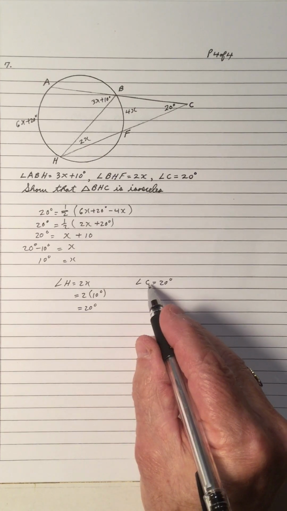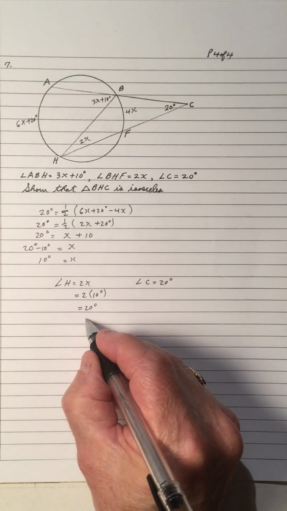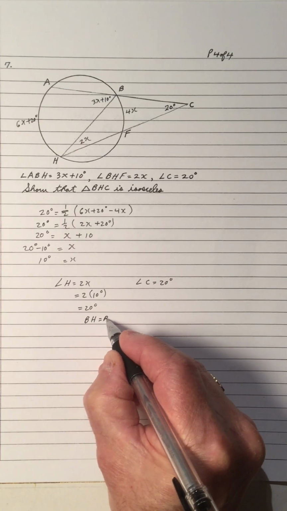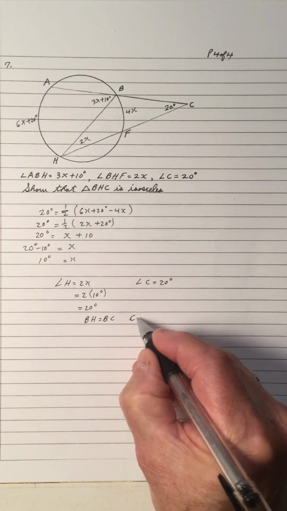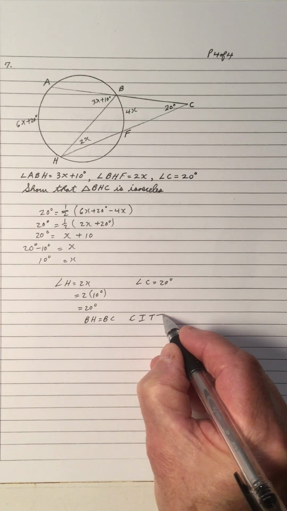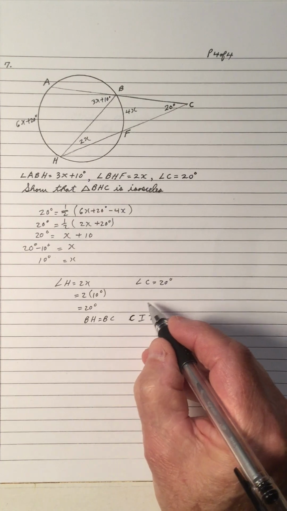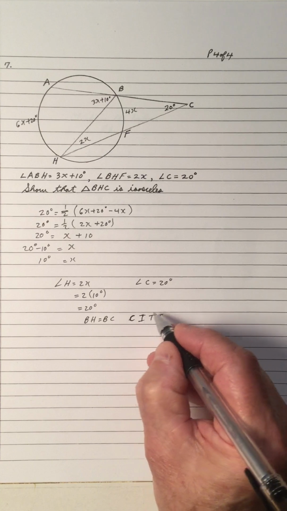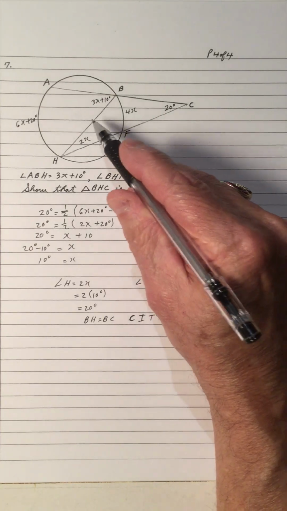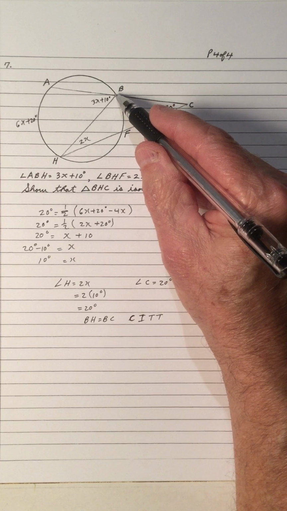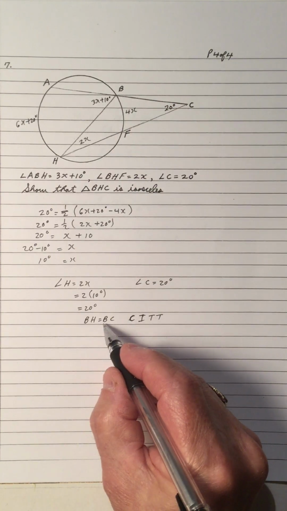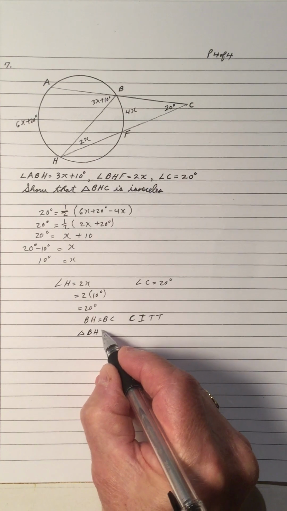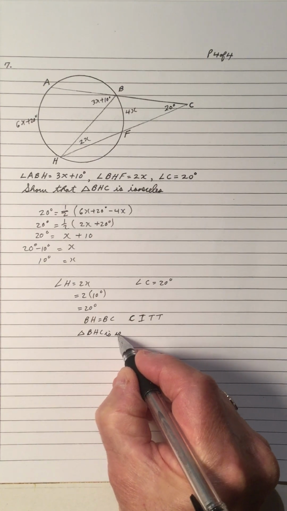Since the 2 angles are equal, that means that BH is equal to BC. It's the converse of the isosceles triangle theorem, which we did in the previous unit on congruency of triangles. So if 2 angles are equal, then the sides opposite those angles are equal. That means that the triangle BHC is isosceles.